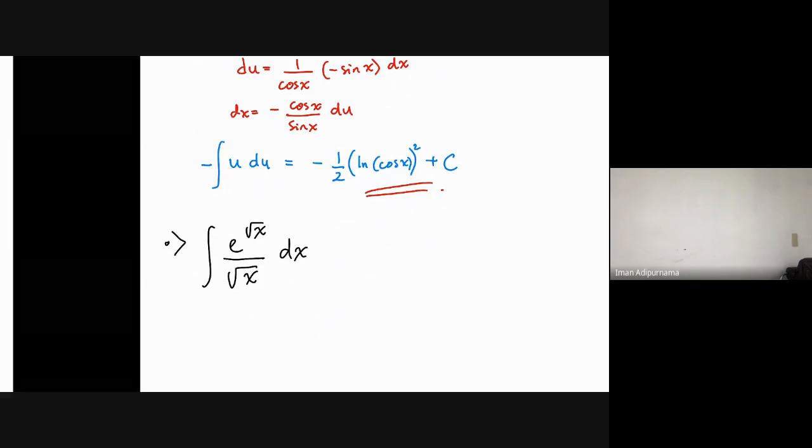Any idea? The first idea, I think, is to substitute the square root of x as u, and then you can cancel this, and you get only e and u.